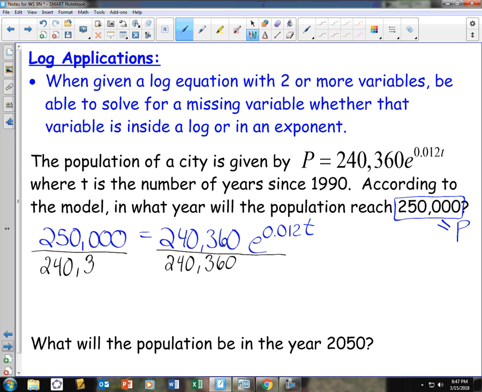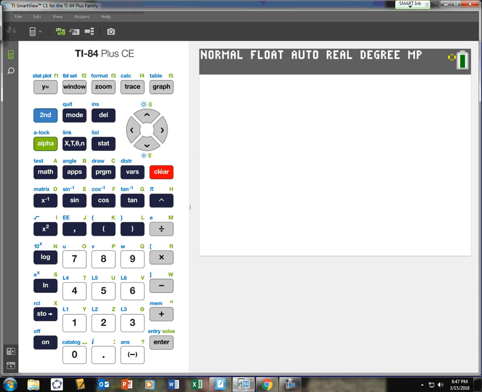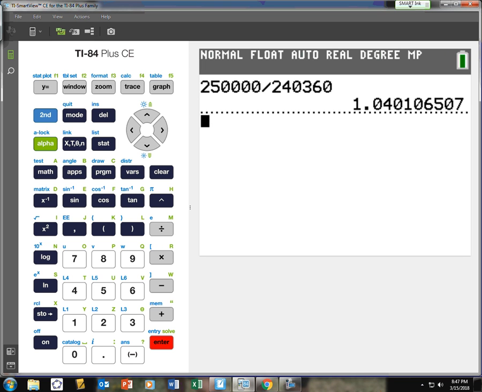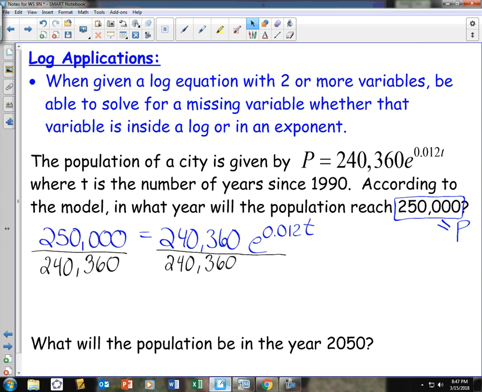So, 250,000 divided by 240,360 is going to give me 1.0401. So I've got 1.0401 is equal to e to the 0.012t.